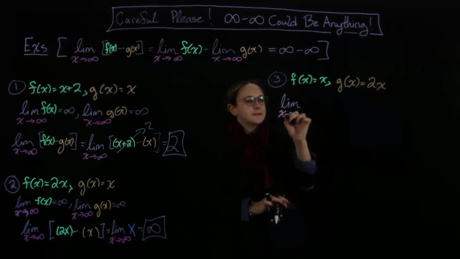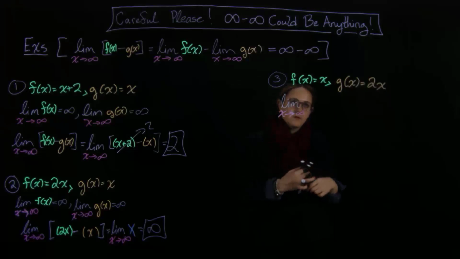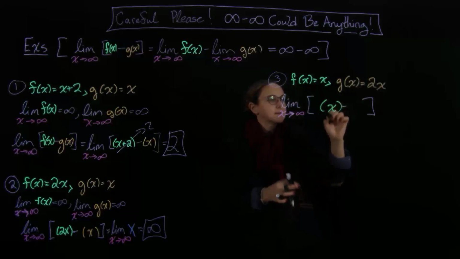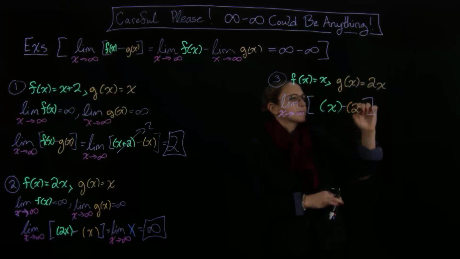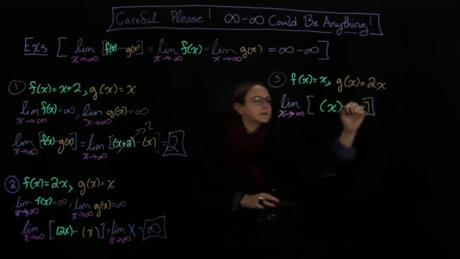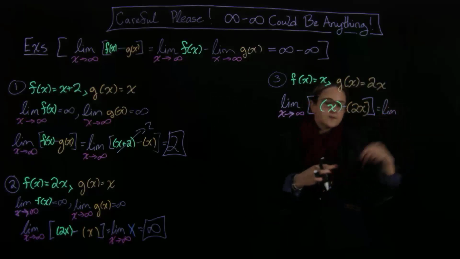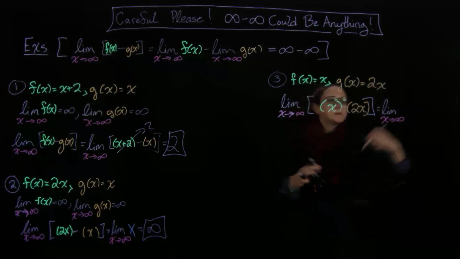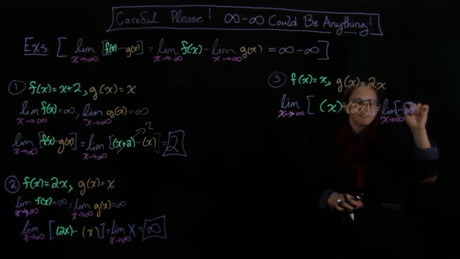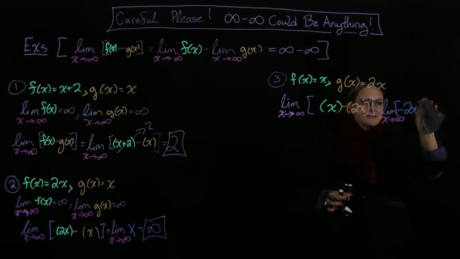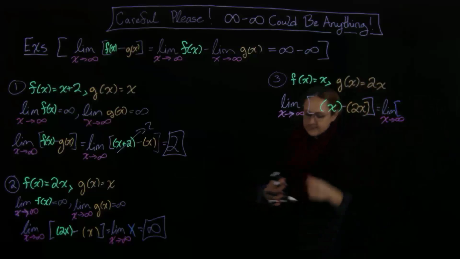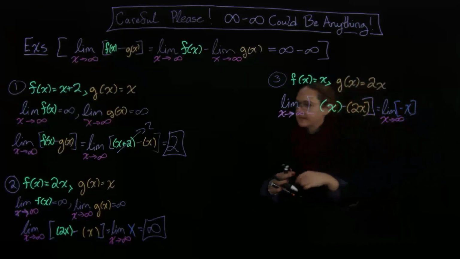And then when I take the difference, x minus 2x, one of my copies of x gets canceled, so I just get left with minus x. And so this is going to equal minus infinity.